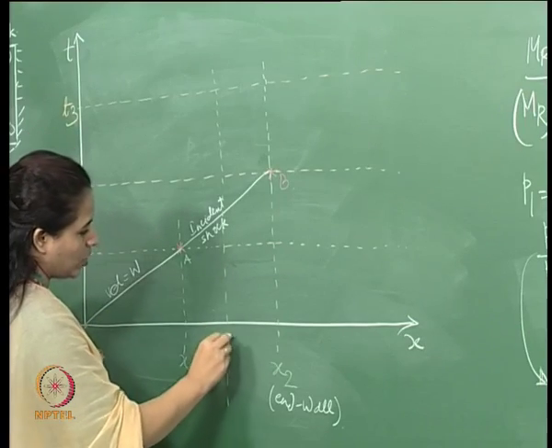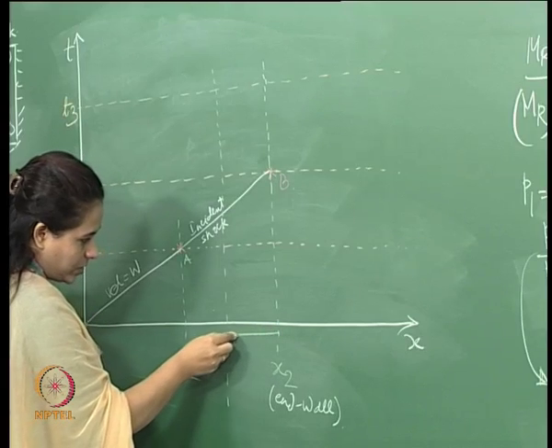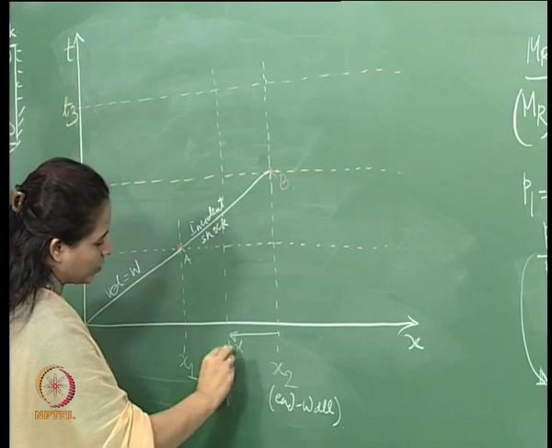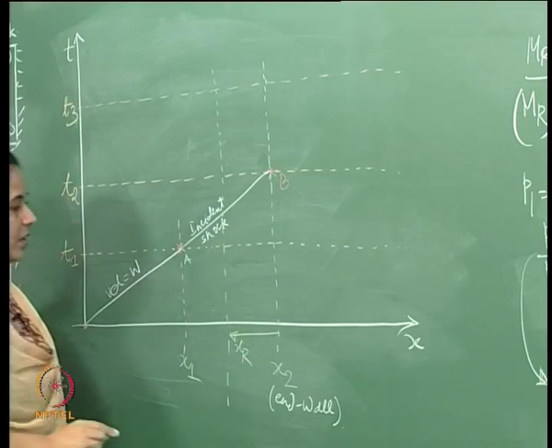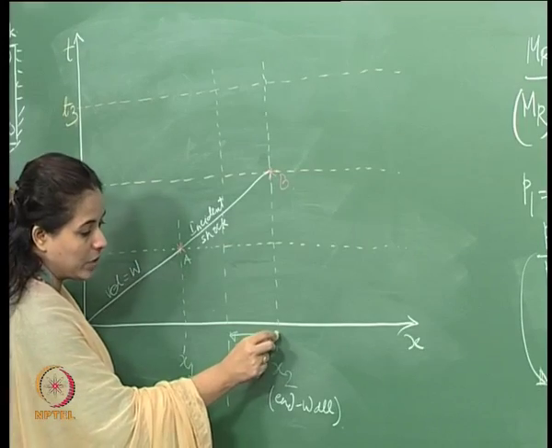So essentially what I am saying is it travels from here in the opposite direction like that, okay. So let us just say it travels by some distance xr, the origin now being here.